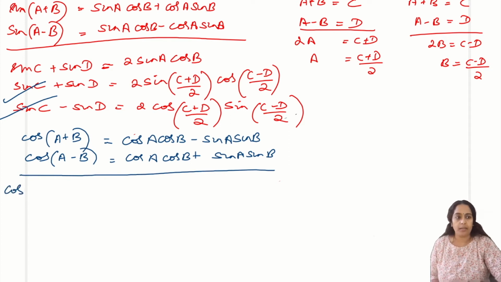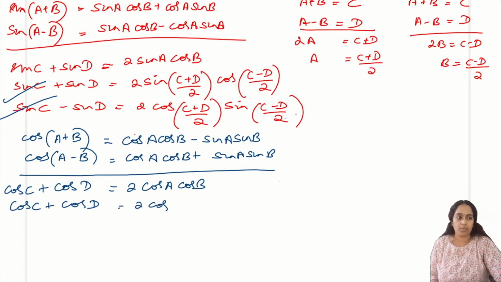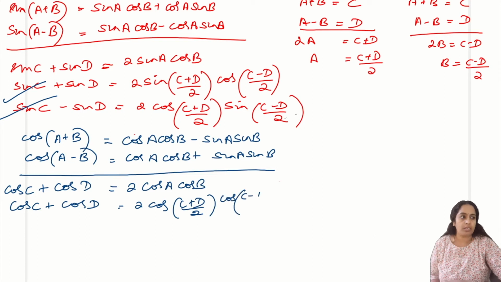A plus B is C, A minus B is D as usual. So cos C plus cos D, right hand side 2 cos A cos B. So cos C plus cos D will be equal to 2 cos of C plus D by 2 cos of C minus D by 2.